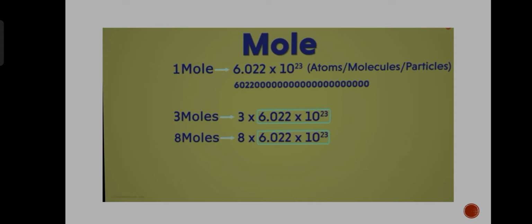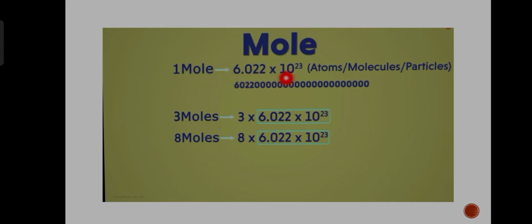So we use a unit, we call it mole, and 1 mole is equal to 6.022 multiplied by 10 raised to power 23 atoms, molecules, or particles. This number is called Avogadro's number, and the particles can be atoms, molecules, ions, or anything, right? So 1 mole is equal to this value.